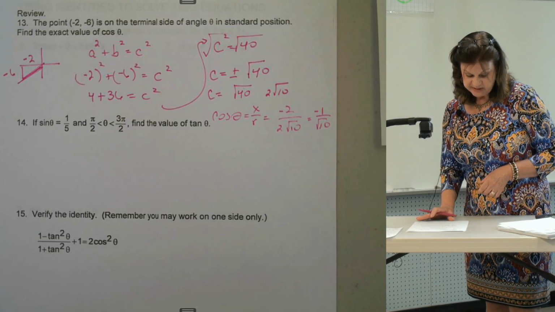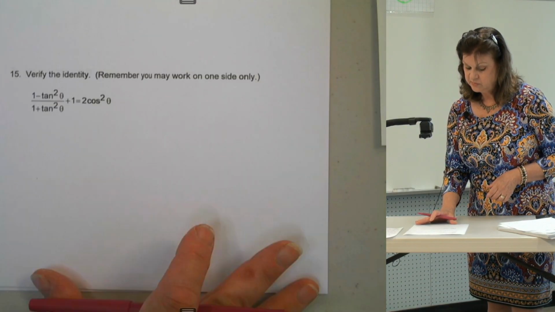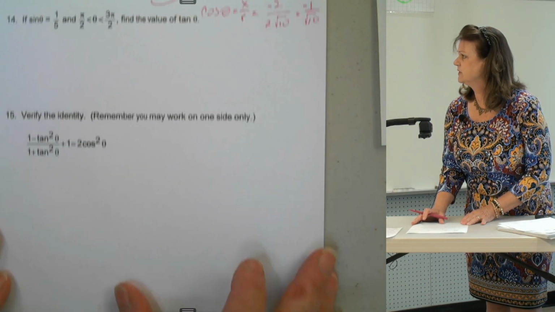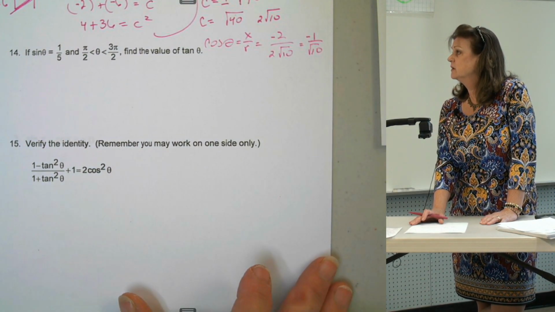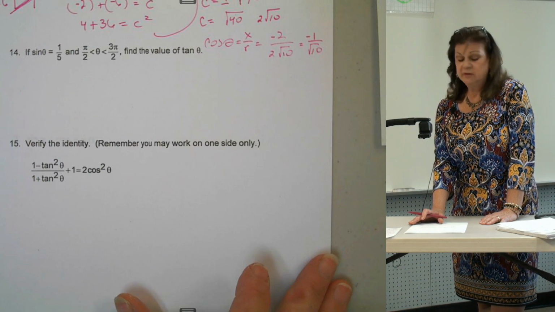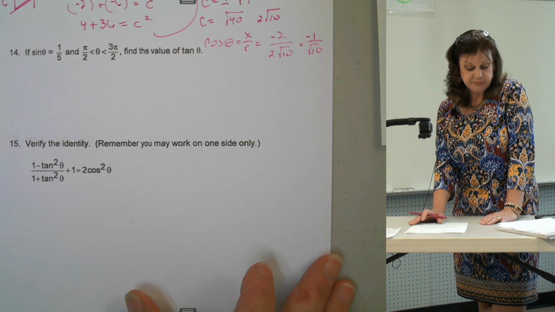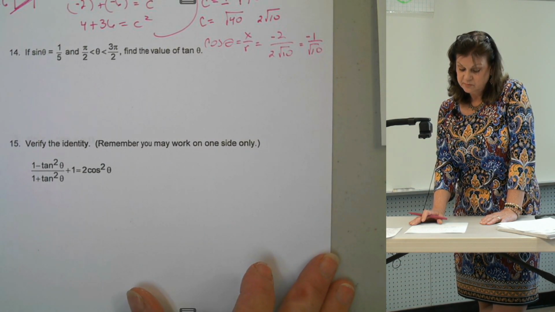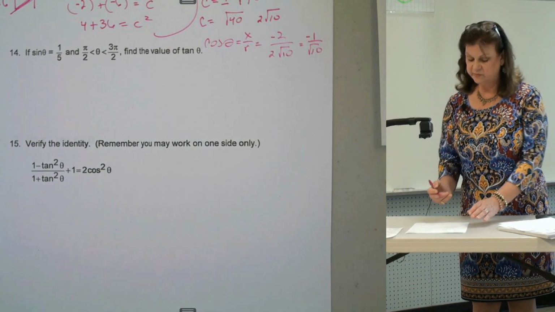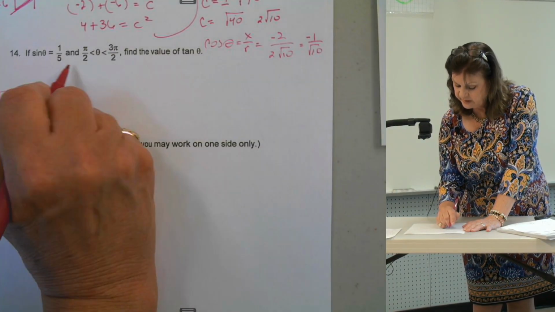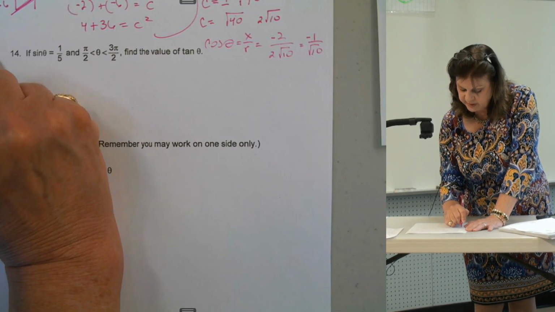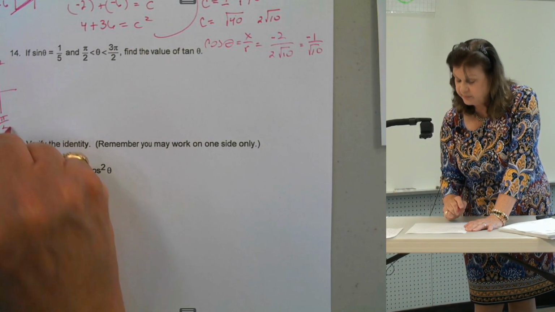And let's jump down. Let me give you the answer to 14. Sorry. Sine is 1/5. You're between pi over 2 and 3 pi over 2. You know, actually, let me run through this one with you real quick. They're giving me a sine value of 1 over 5, and I know I'm between pi over 2 and 3 pi over 2.